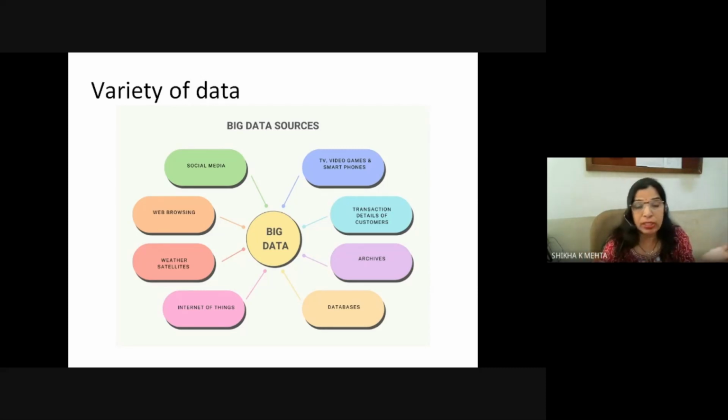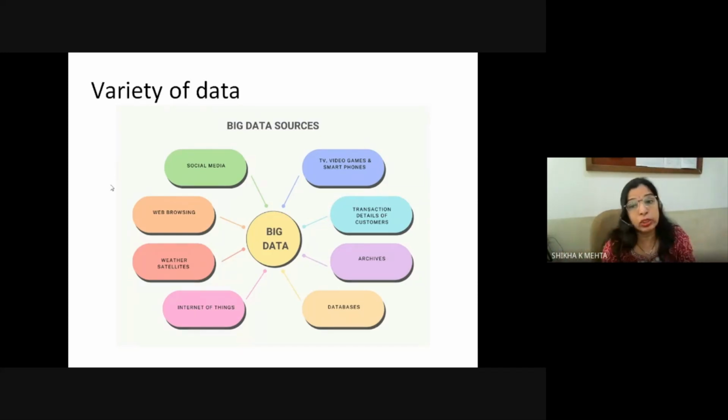Besides that, we have web browsing data, weather satellites, and IoT devices. We are talking about the smart world, smart homes, smart devices, smart refrigerators, smart TVs. When we add the term smart to all these gadgets, we are talking about data only. Data is being generated tremendously by all these devices.